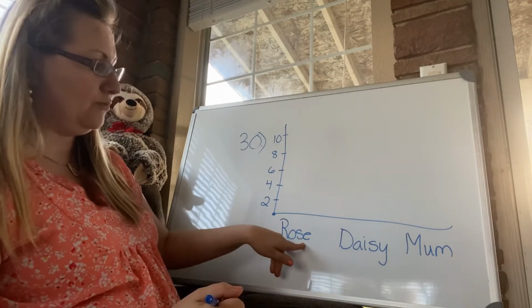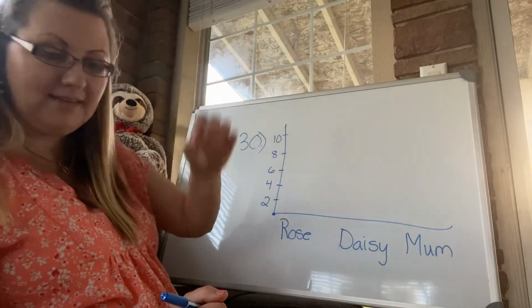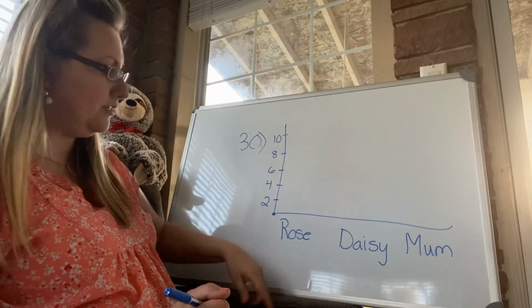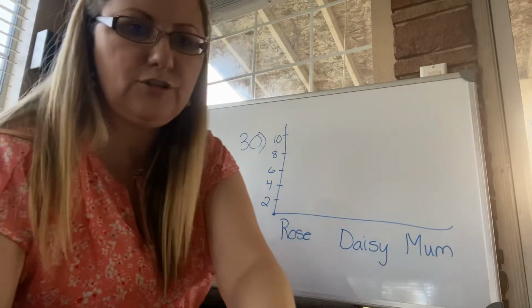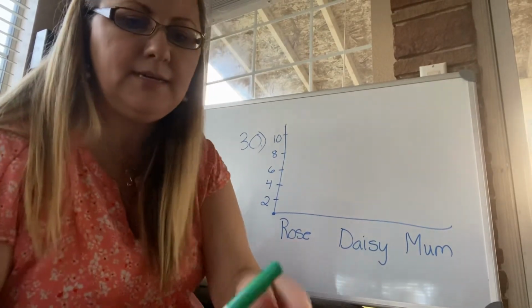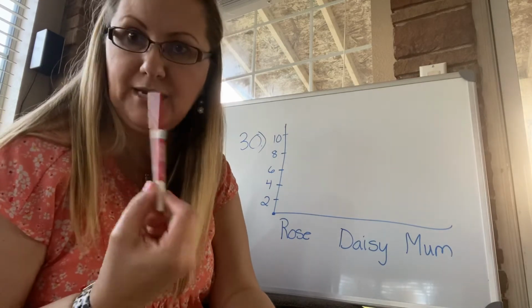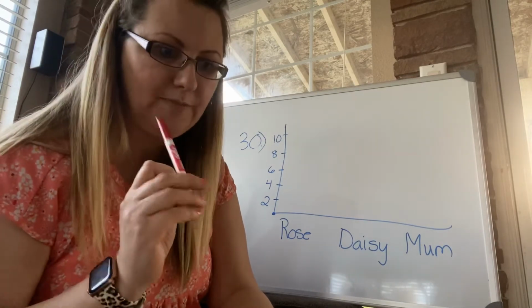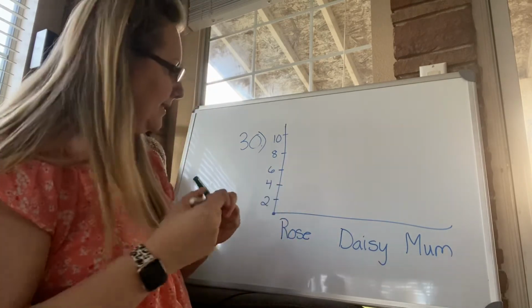So for roses, we'll have 2 bars, one for adults and one for children, and same for daisy and mum. Okay, so I'm going to actually switch colors now. My favorite color lately has become red. I've changed my favorite color from like pink and turquoise to red lately.